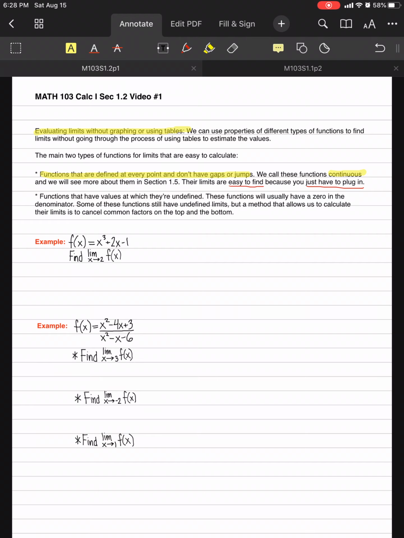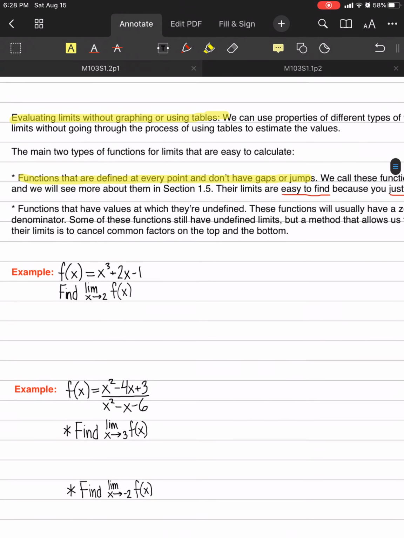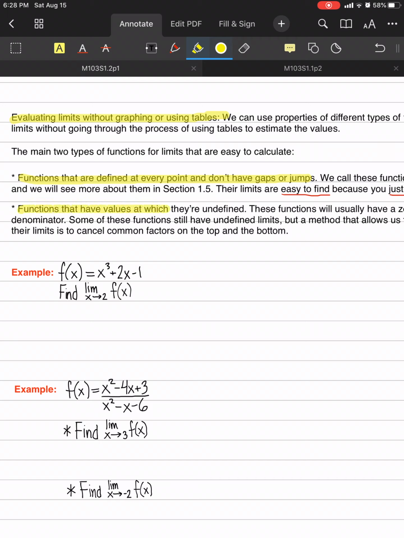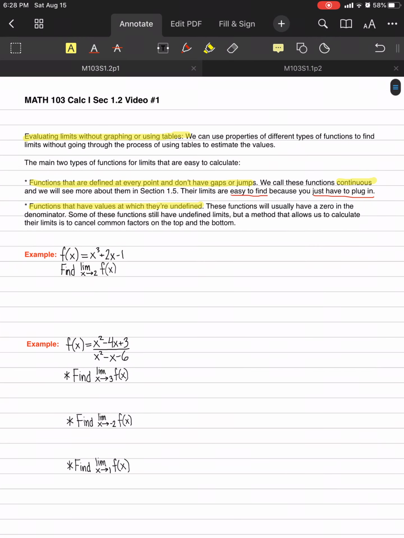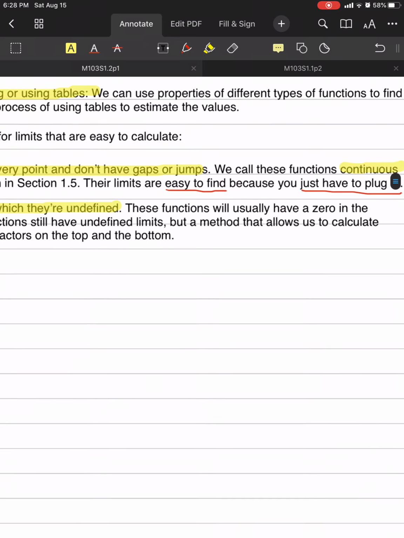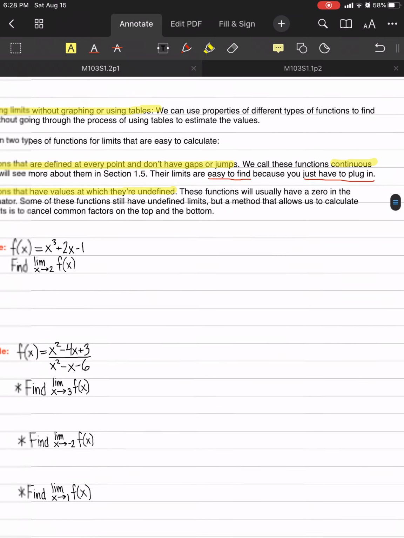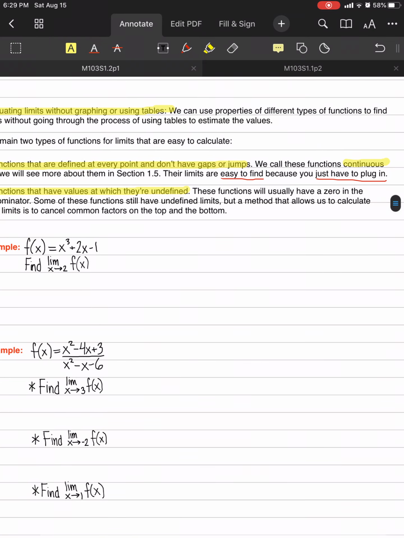There are also functions that have undefined values, but are still relatively easy to find their limits. Not all functions with undefined values are like this, but we're going to look at some specific ones today. These functions are going to be distinguished by a couple things.